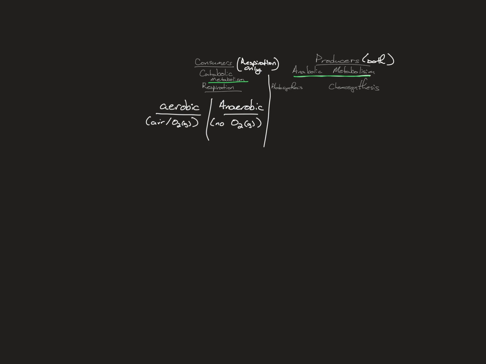This cellular respiration happens in both eukaryotes and prokaryotes. So in eukaryotes, it happens in the mitochondria. But because, and I keep saying this, I hope it sinks into your brain, prokaryotes don't have any membrane-bound organelles, they can't do this in a mitochondria.